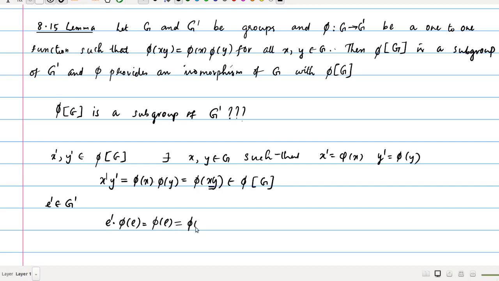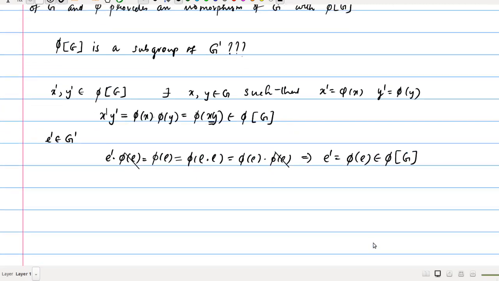But phi of e is also phi of e times e, which equals phi of e times phi of e. So by the right cancellation law, we get e prime is equal to phi of e. This is always an element of phi of capital G because it is the image of the identity element of G. So this proves the existence of the identity element.